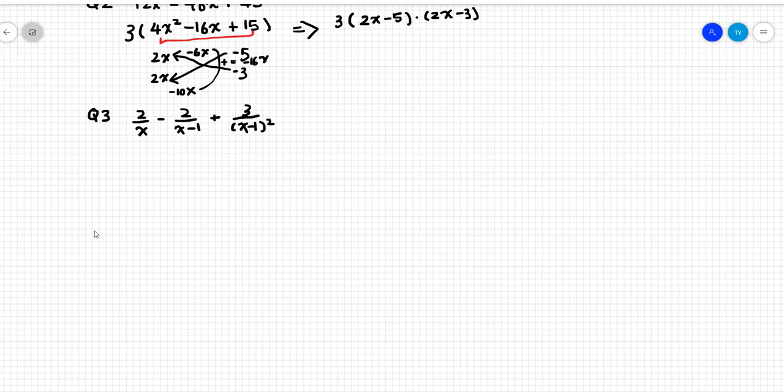So the least common denominator is x times (x minus 1) times (x minus 1).